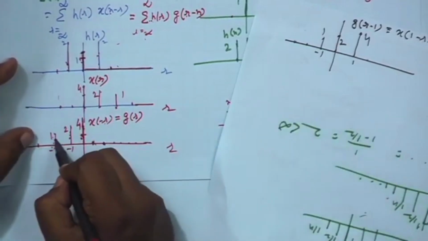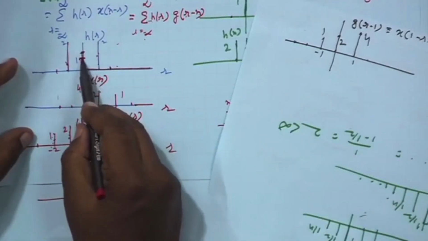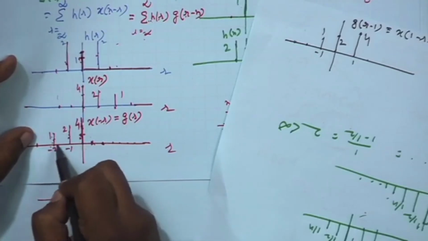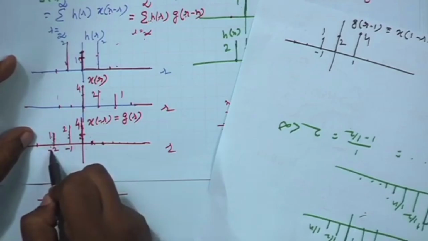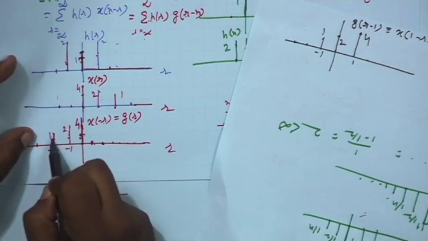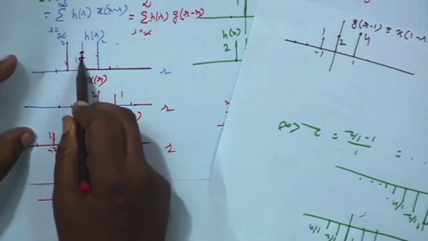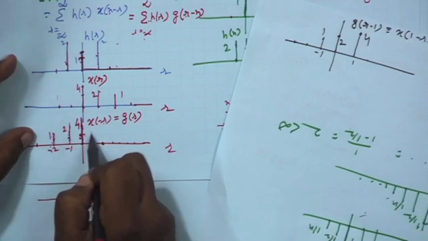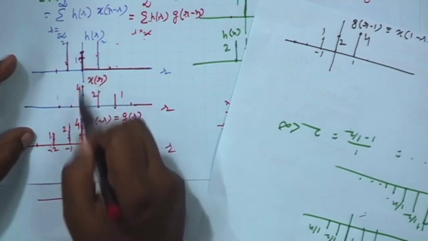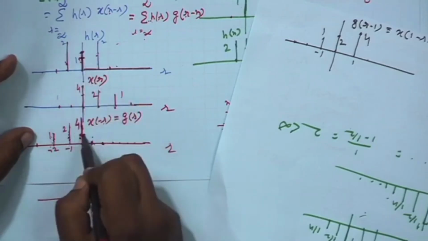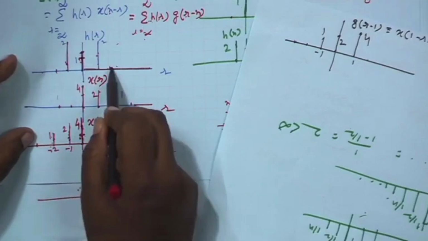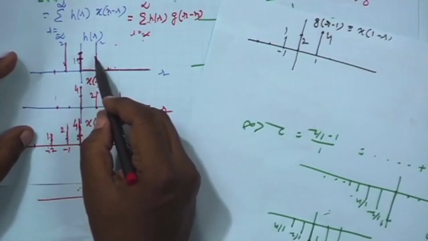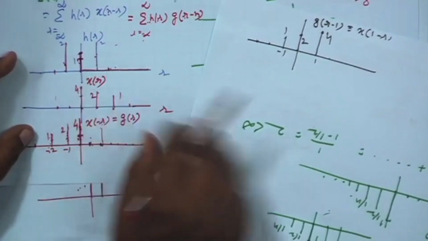So, only minus 1 will come with this, because it is shifted by 2. So, 1 will come here from point number minus 2 to point number 0, jumping by 2, it will find 1. Then 2 will move to here, it will find 2. So, 2 into 2, 4, 1 into 1, 1. This 4 will move here, but it finds 0, so nothing.